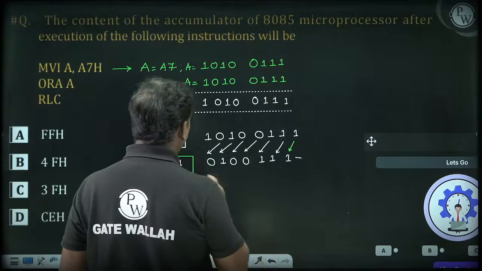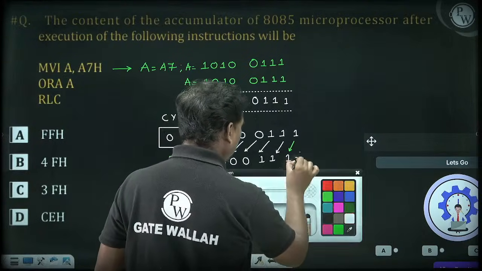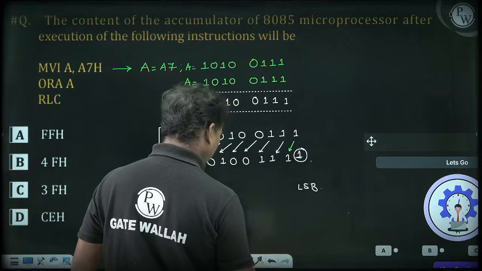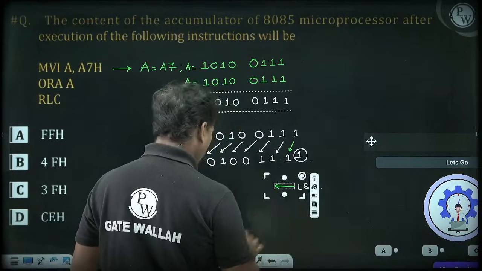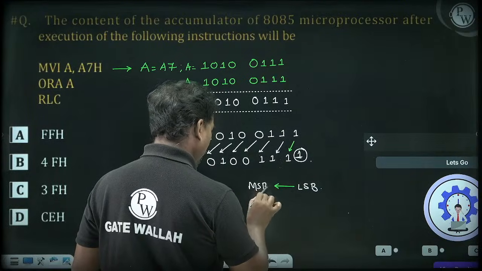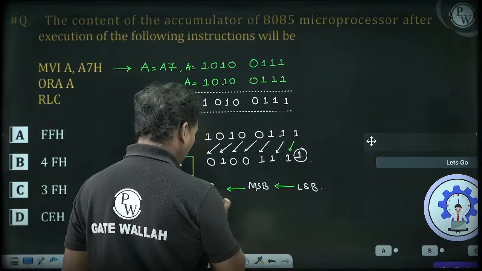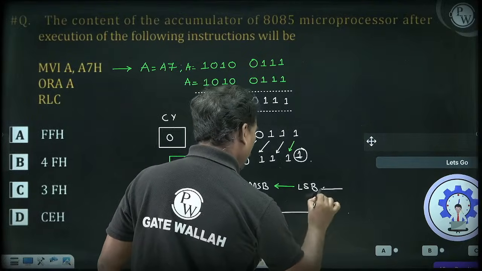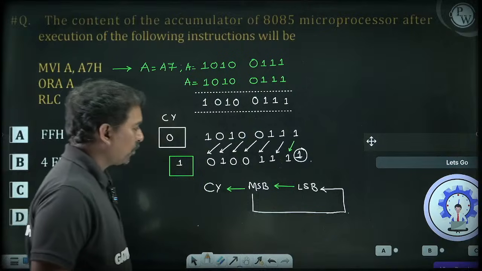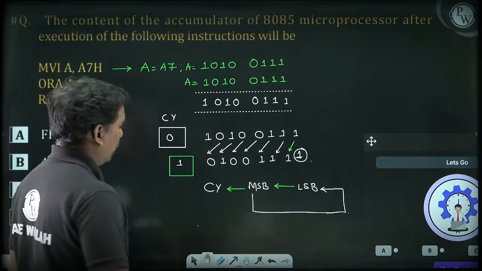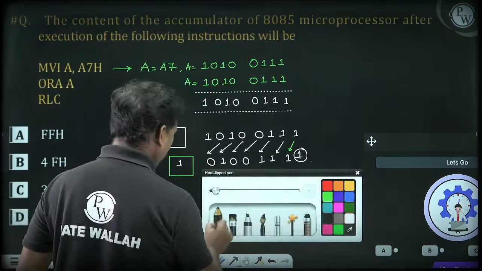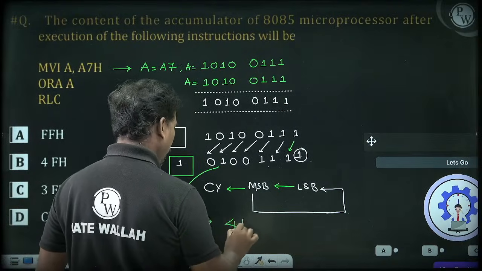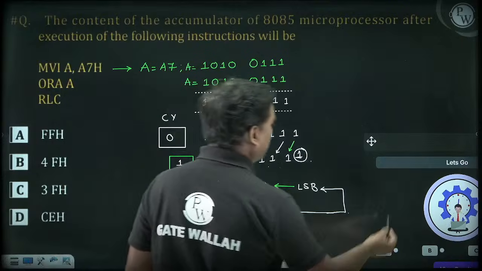So now without carry, the MSB will be coming here. The MSB will jump to the carry, and the MSB will come back to the LSB. So this answer will be 4F, na? So finally the answer is 4F. So option B is the right answer.